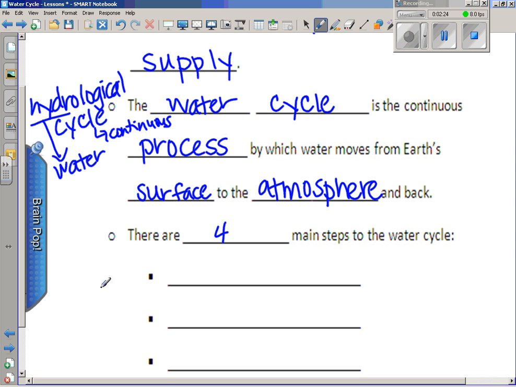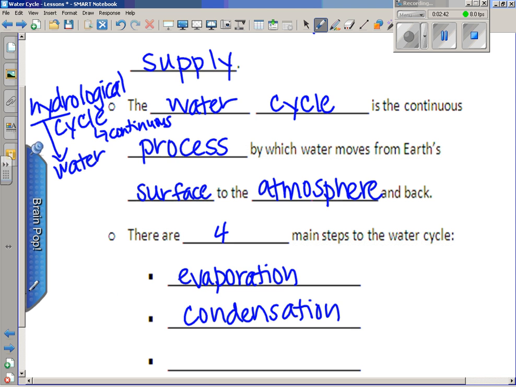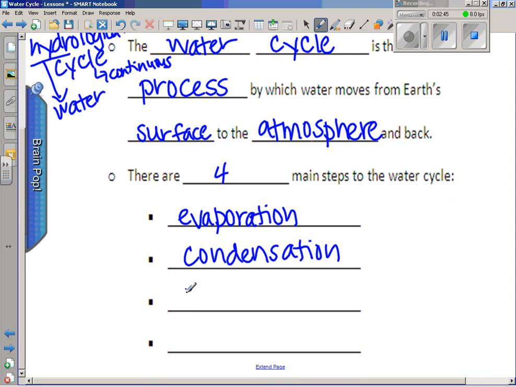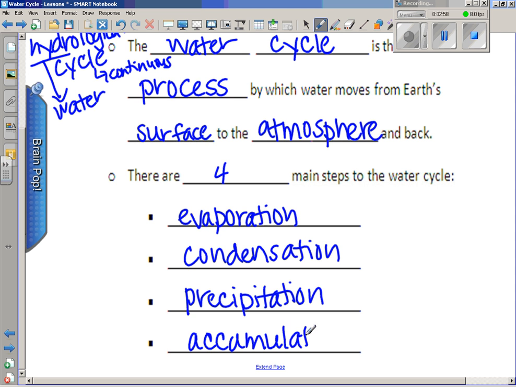We'll talk about evaporation, condensation, precipitation, and accumulation.